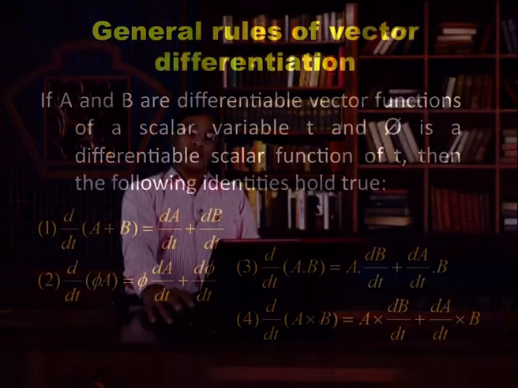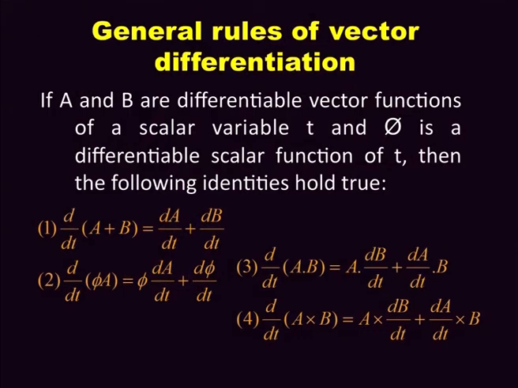The general rules of vector differentiation are similar to the rules of simple differentiation, and these are as follows. If A and B are differentiable vector functions of a scalar variable t and φ is a differentiable scalar function of t, then the following identities hold true.